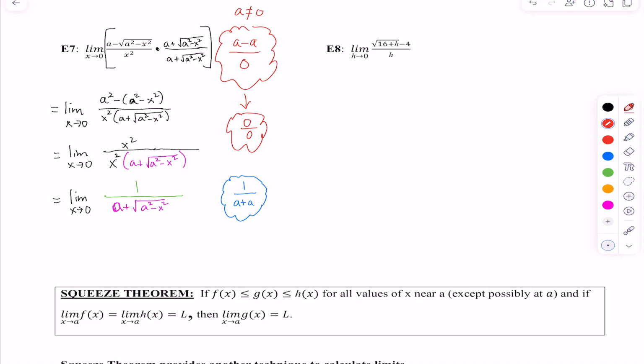We're ready to evaluate this limit. If you wanted to, you could write limit laws here. The independent variable is x.